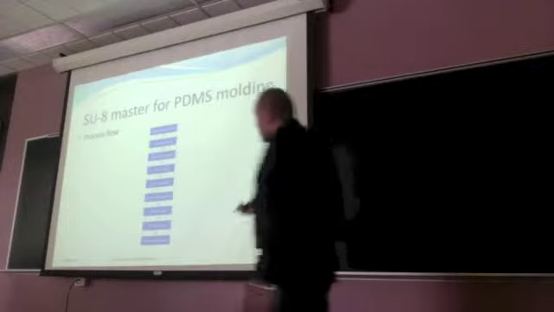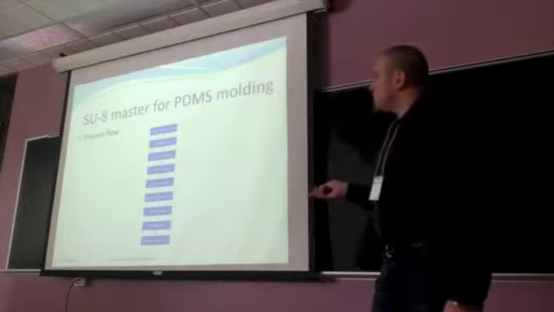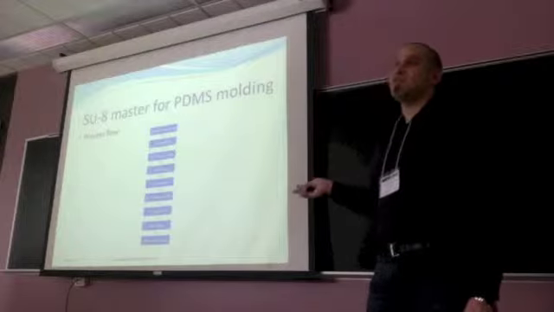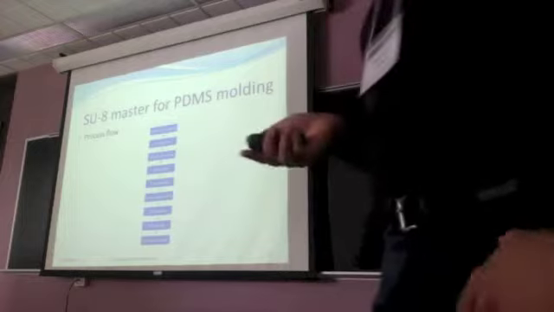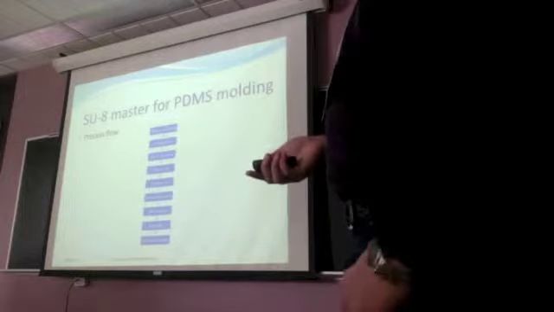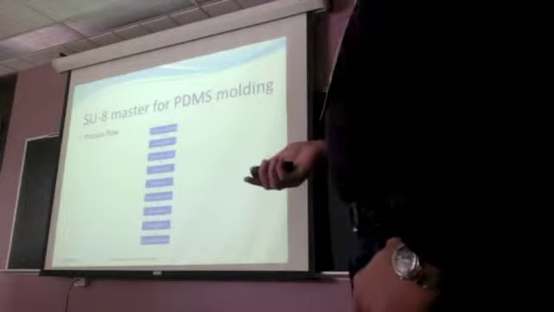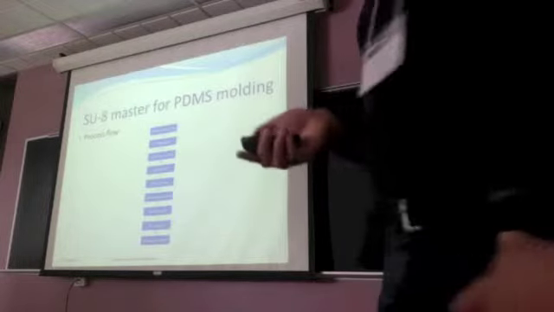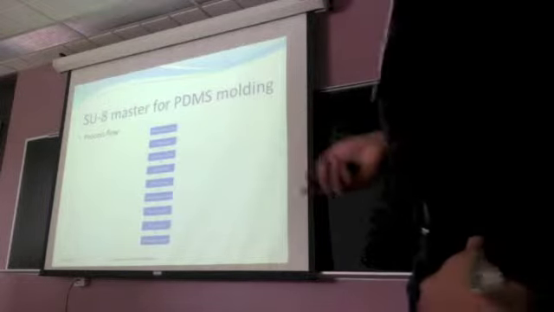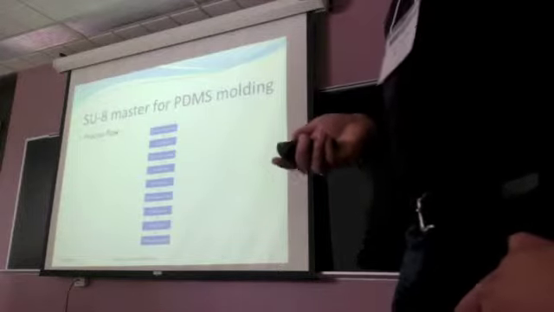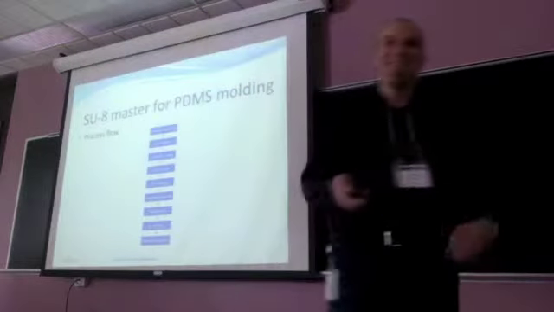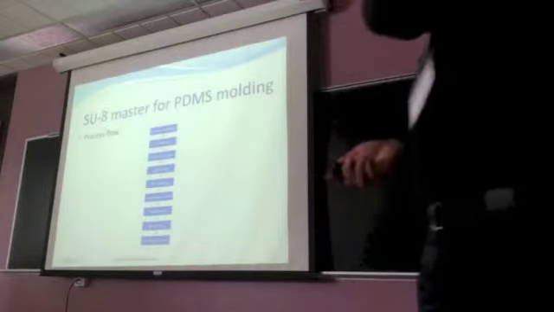So can you tell me which steps correspond to the photolithography process? Three to 5. Sorry? 1 to 9. No. Sorry? 3 to 5.